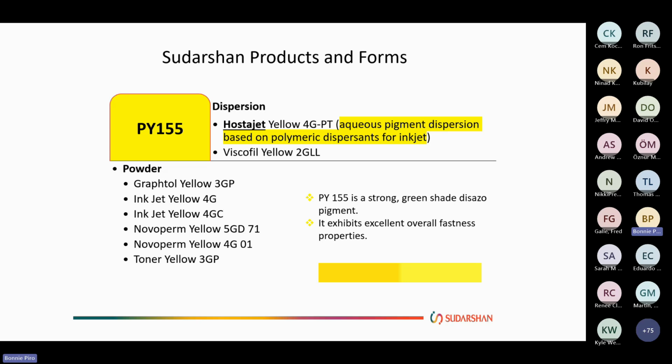The Pigment Yellow 155 is more of a mid shade, but to the green side. But it does bring overall good fastness properties to your formulation. The Hostajet line of liquid colorants shows up with a Pigment Yellow 155. These are an aqueous pigment dispersion based on polymeric dispersions, primarily for inkjet types of formulations. So a number of options with respect to coatings and inks and plastics as well.